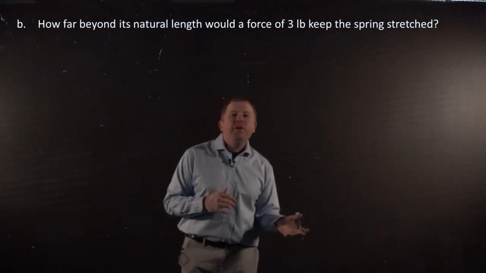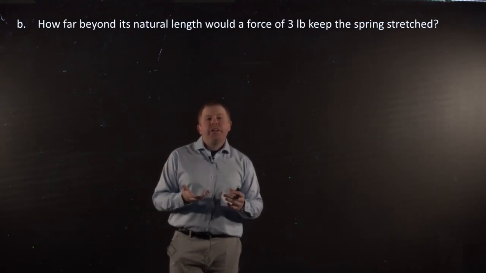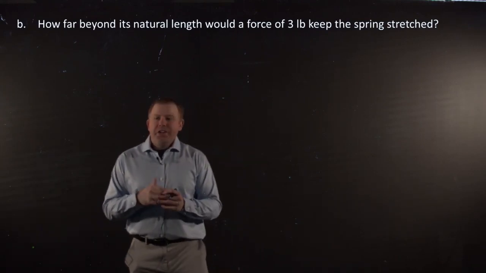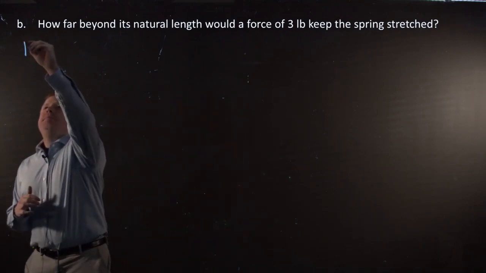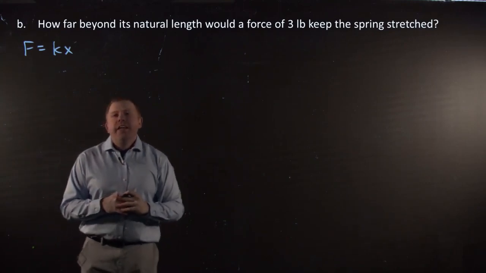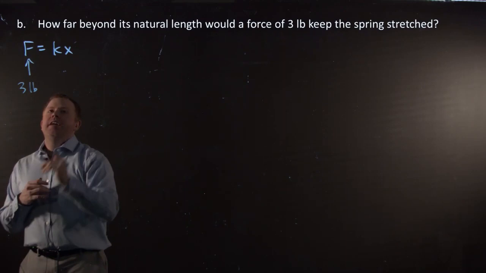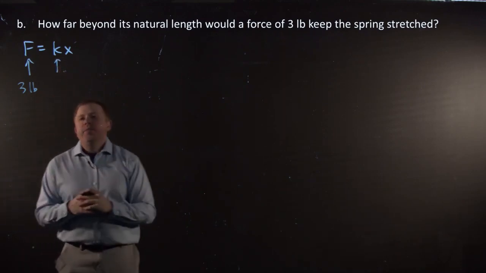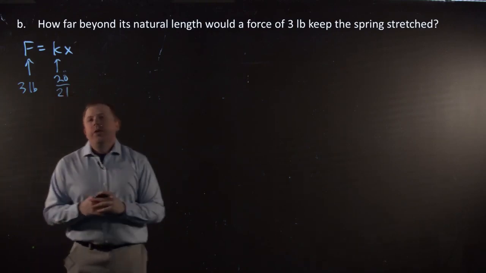This one says, how far beyond its natural length would a force of 3 pounds keep the spring stretched? Now, this one is actually much shorter than part A. We know that the force formula is equal to K times X, and it tells us that the force is equal to 3 pounds. And then we know the K from the last slide, this is going to be 20 over 21.